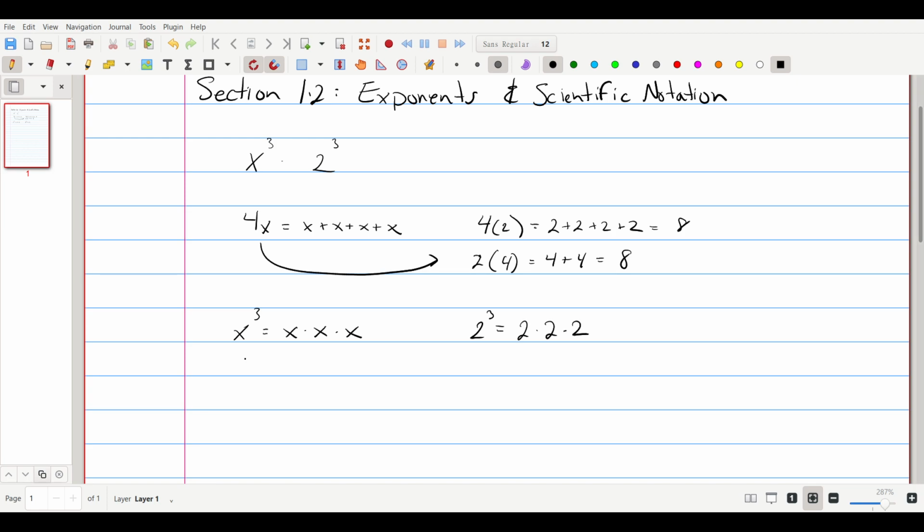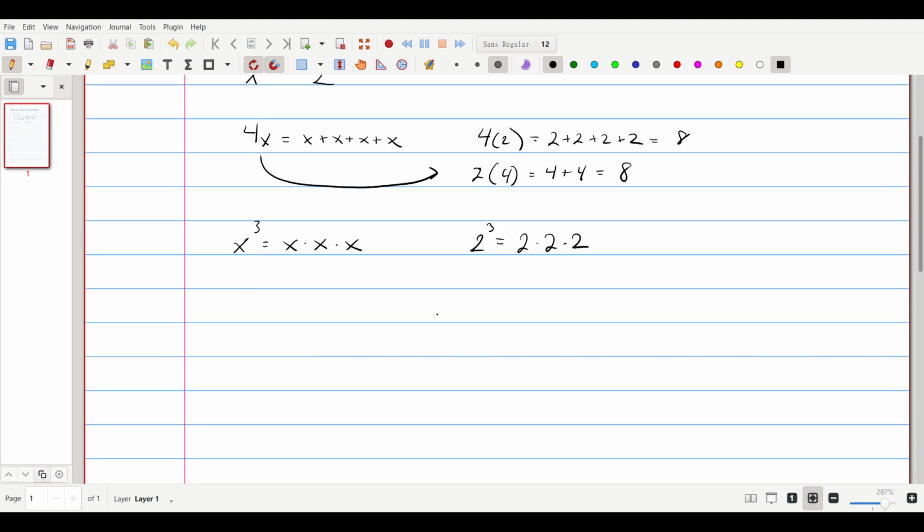Okay, cool. So now let's get to the rules of exponents. The first one's called the product rule of exponents. And it goes a little something like this. x to the a times x to the b is equal to x to the a plus b. And so what does this mean?